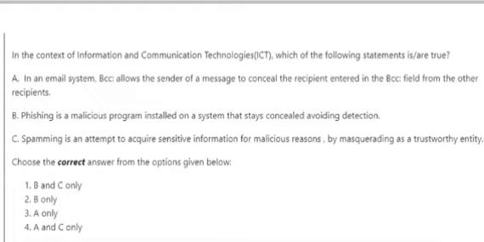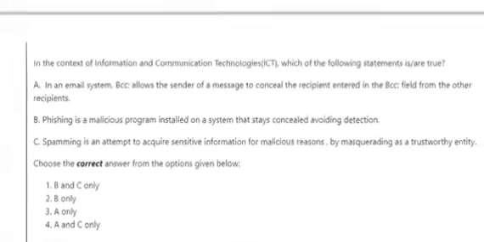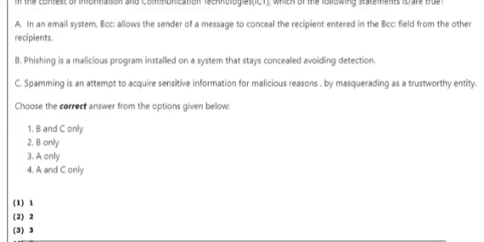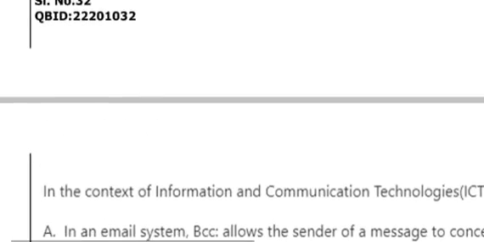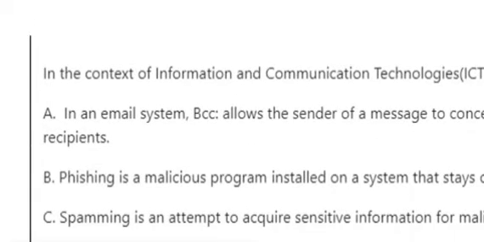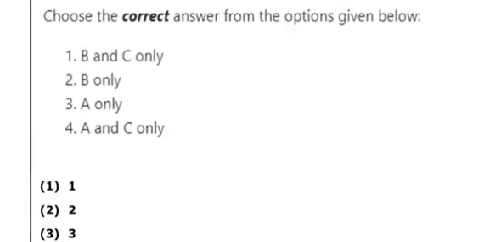B, phishing is a malicious program installed on a system that stays concealed, avoiding detection. C, spamming is an attempt to acquire sensitive information for malicious reasons by masquerading as a trustworthy entity. Choose the correct answer from the options given below. B and C, B only, A and C only. The correct answer of 32 will be number C, that means A only correct.